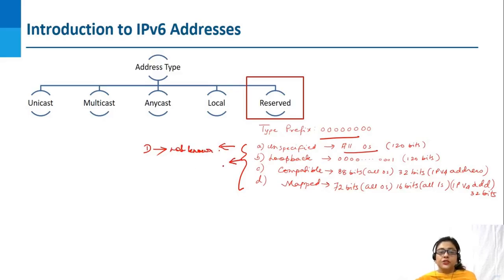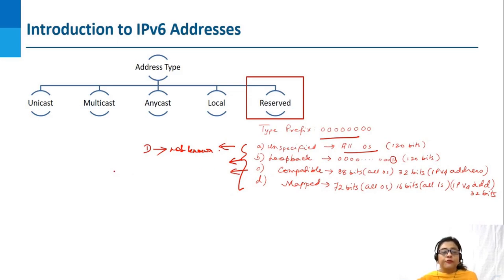Loopback address is used when the device wants to know whether it is active or not without getting connected to the internet. It consists of 128 bits, all zeros, and the last bit is 1.